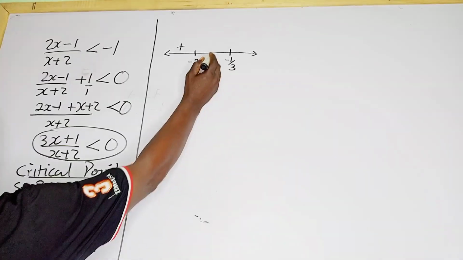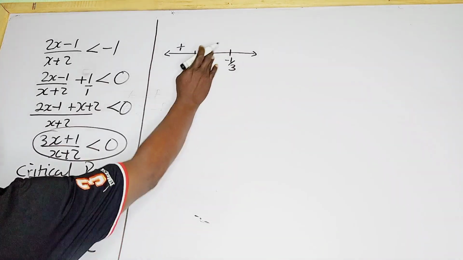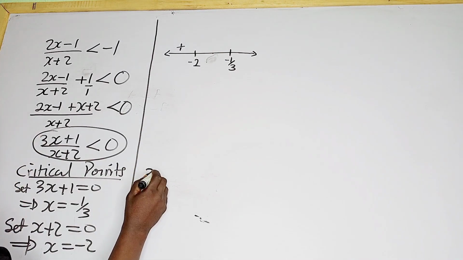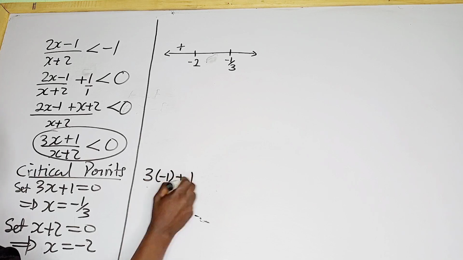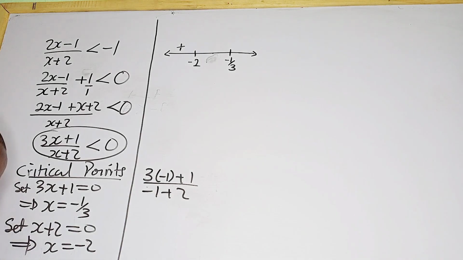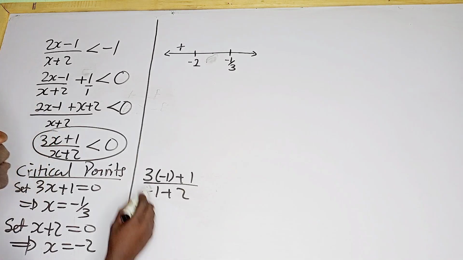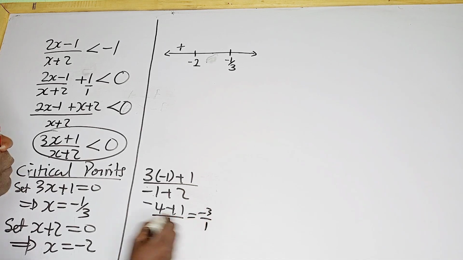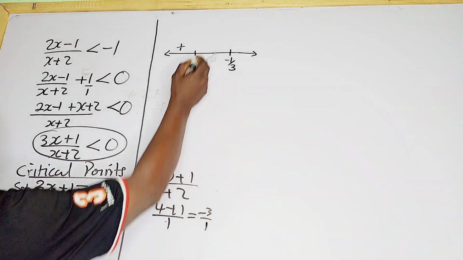Now take the next zone, between negative 2 and negative 1/3. A good example of a value there could be negative 1. If we take negative 1 and put it here, we analyze (3 times negative 1 plus 1) over (negative 1 plus 2). Again, we're interested only in the signs. This gives us (negative 3 plus 1) over positive 1, so we have negative 2 over positive 1, which is negative.